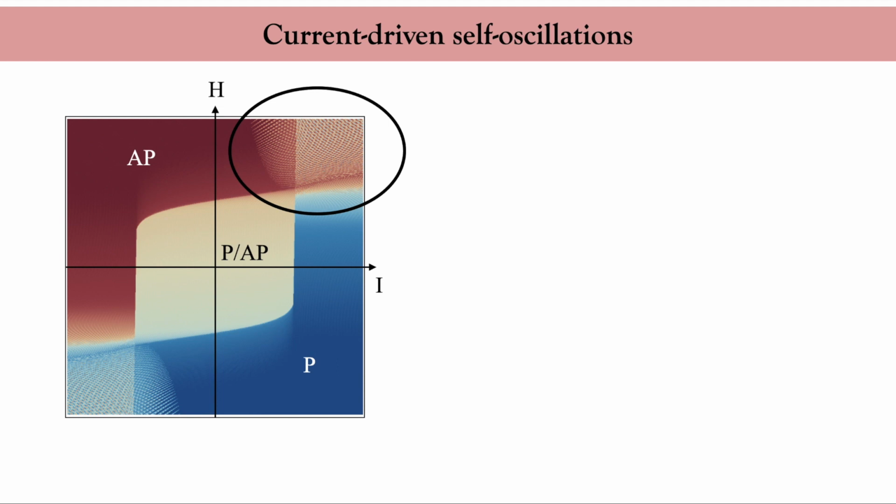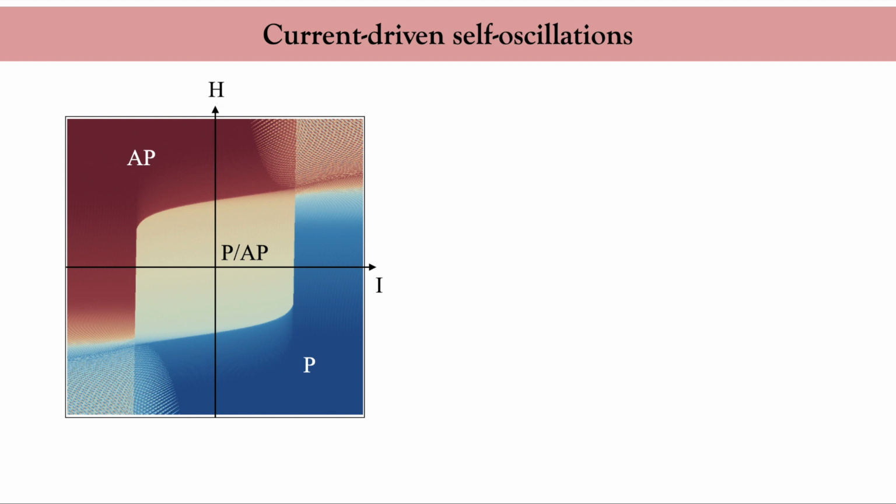In this region, the field and the torque compete with each other. The field wants to pin the magnetization in the anti-parallel configuration, whereas the current wants to pin it in the parallel configuration. As a result, the magnetization direction varies rapidly. Let us fix the external field and look at the trajectory of the magnetization for different currents.